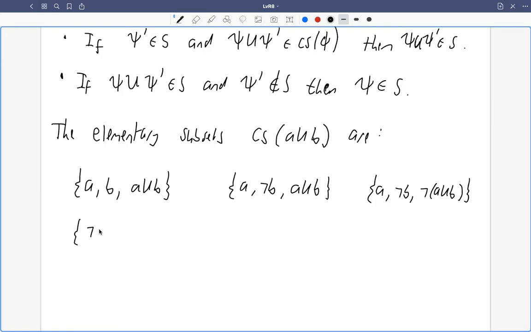So we also have not A and B, and because we have B, we have to have A until B. And we can also have not A and not B, and then we're not allowed to have A until B with this, because whenever we have A until B and not B, we have to have A by the last condition here. So in this case, the only possibility is not A until B. And so those are all the 5 elementary subsets.